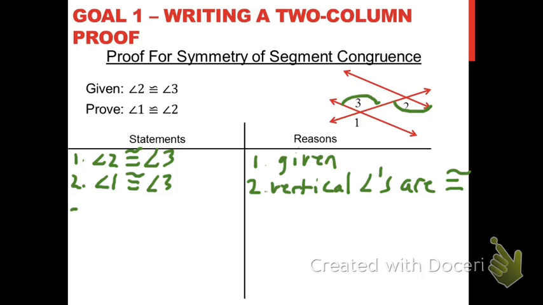And since angle 1 and angle 2 are each congruent to angle 3, we can prove that they are congruent to one another by the transitive property of congruence. So we're already ready to go ahead and make that final statement in this proof that angle 1 is congruent to angle 2.